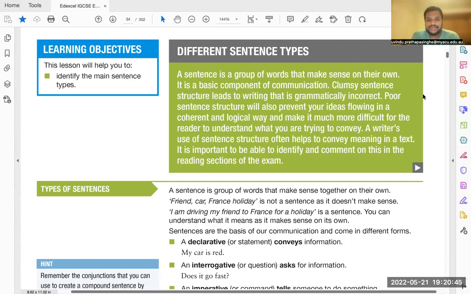A writer's use of sentence structure often helps to convey meaning in a text. It is important to be able to identify and comment on this in the reading sections of any exam, really.